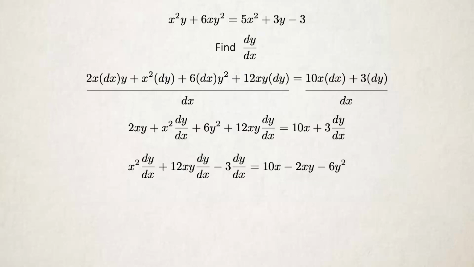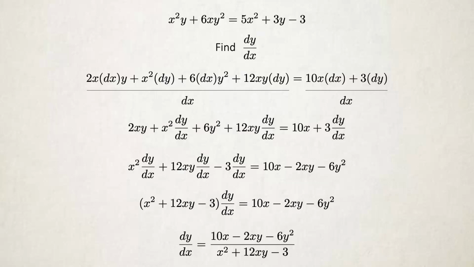Now, if you factor out the dy/dx term on the left-hand side, you get (x squared plus 12xy minus 3) dy/dx equals 10x minus 2xy minus 6y squared. Finally, dividing both sides by x squared plus 12xy minus 3, you will get dy/dx equals (10x minus 2xy minus 6y squared) over (x squared plus 12xy minus 3).